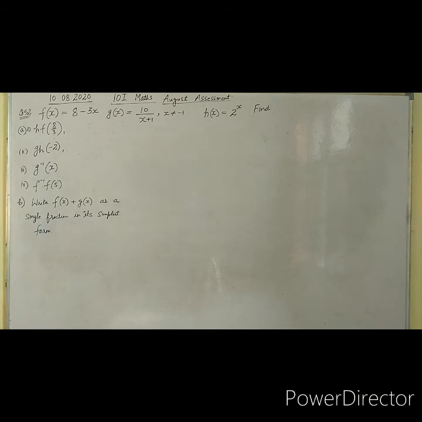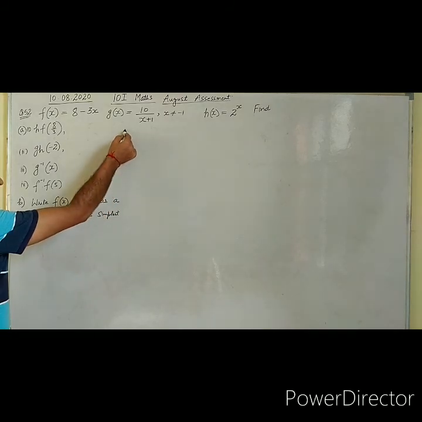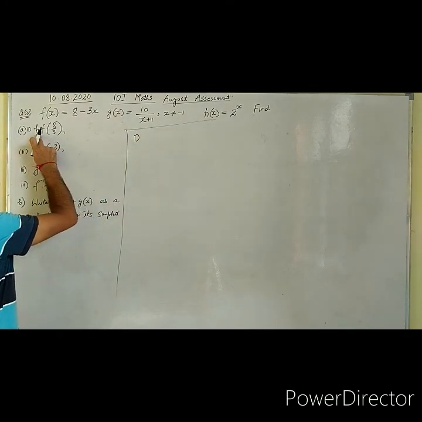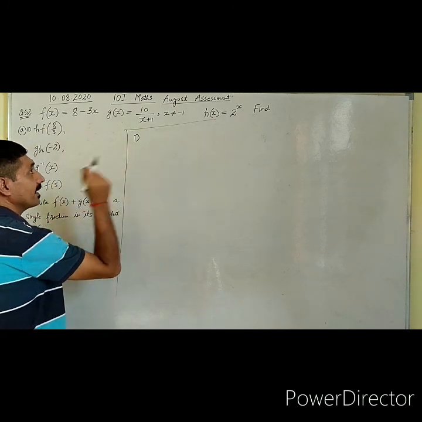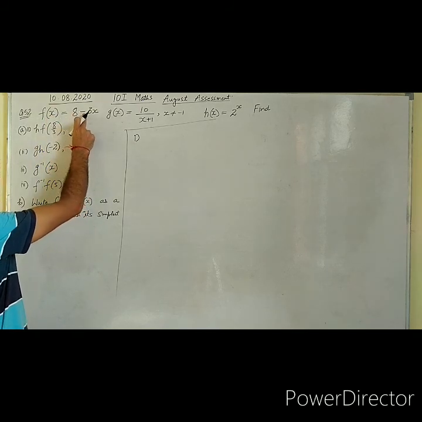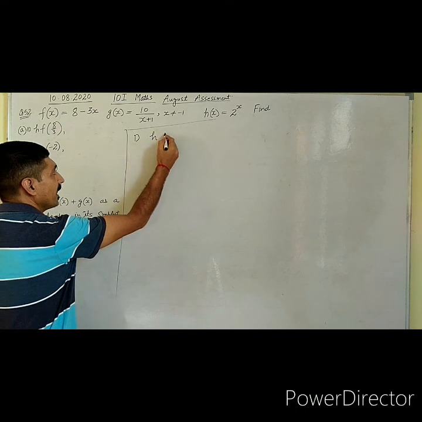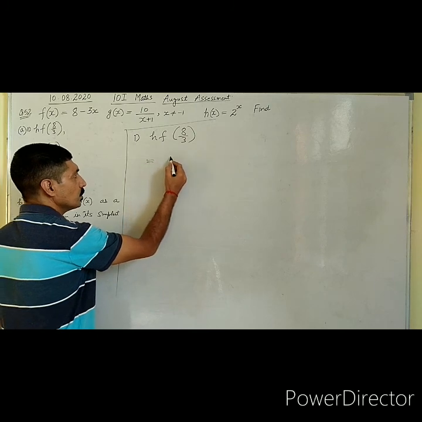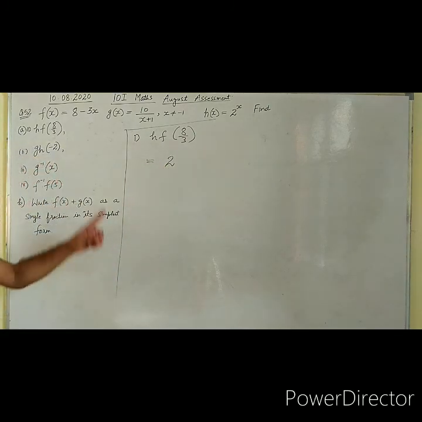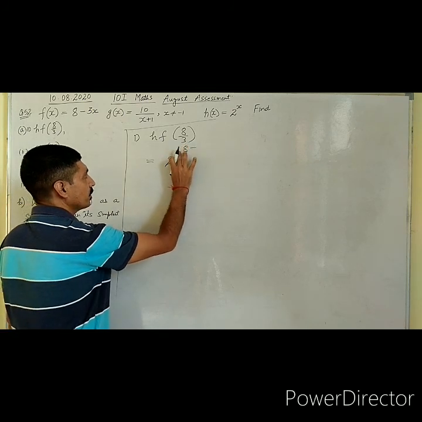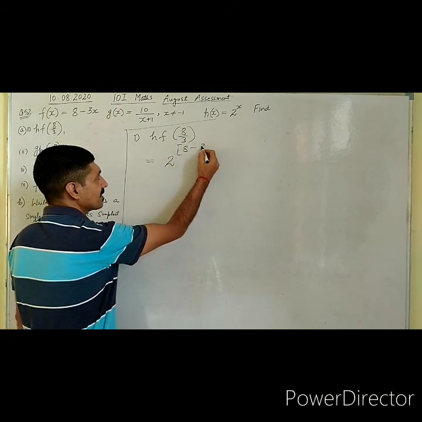So the question is very simple. First part: h is 2 raised to power x, and f of x is 8 minus 3x.